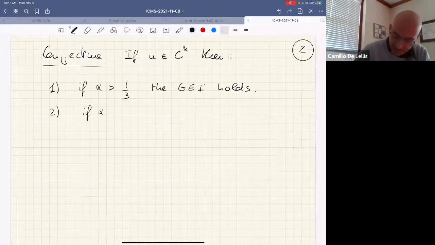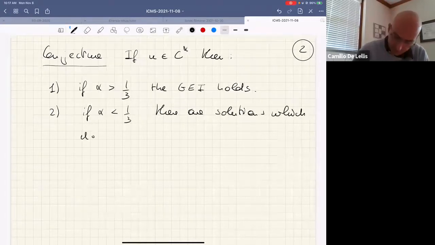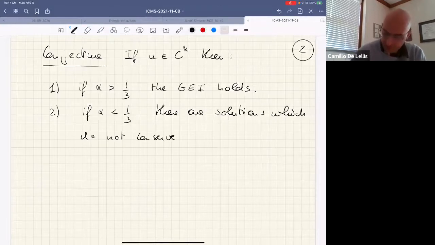And if alpha is less than 1/3, then there are solutions which do not conserve the total kinetic energy.